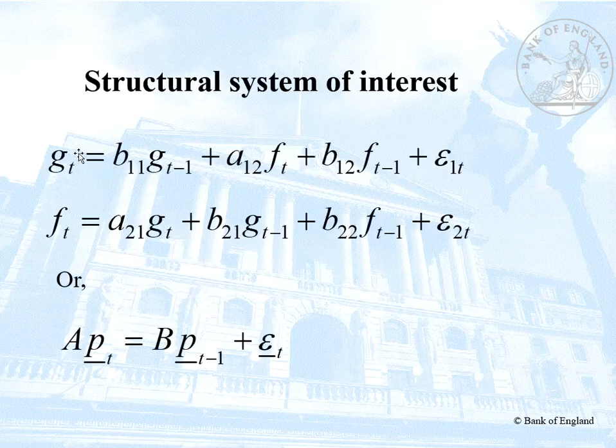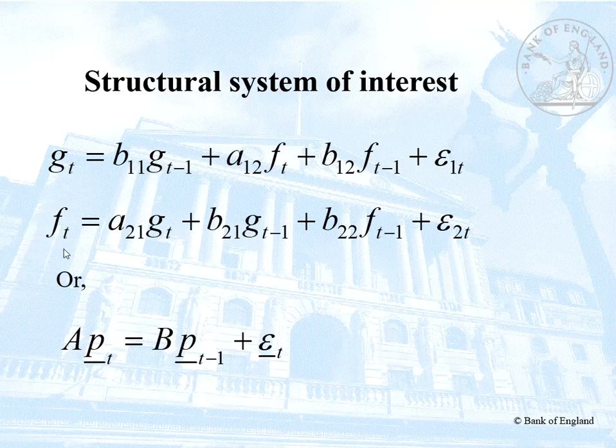So the current administered price is affected by the previous administered price, and also it is affected by current and previous free price. Because when you set regulations, you need to base that decision on the previous free price and also the previous regulations.